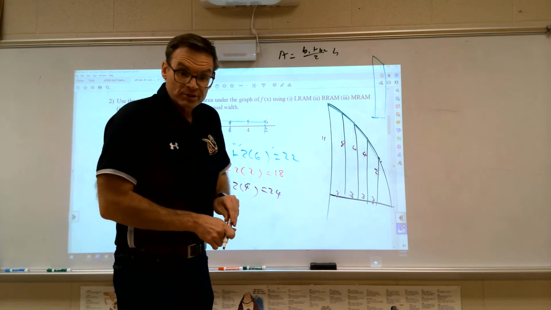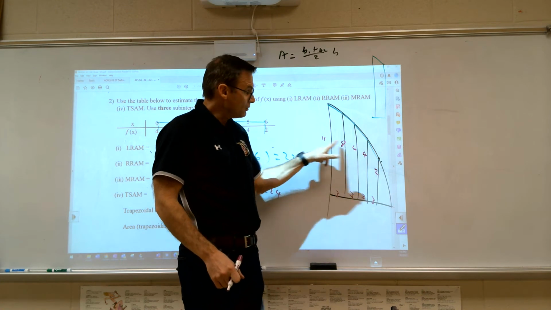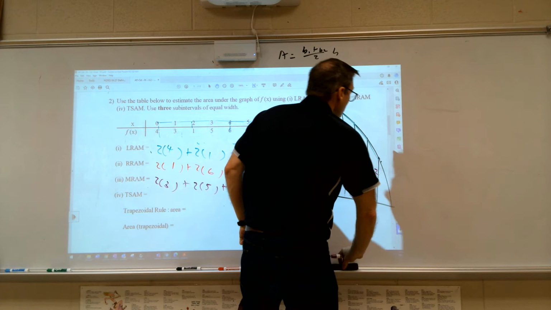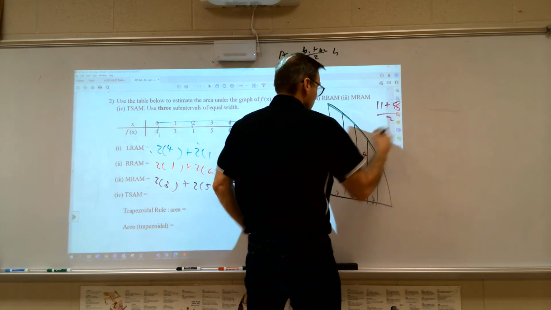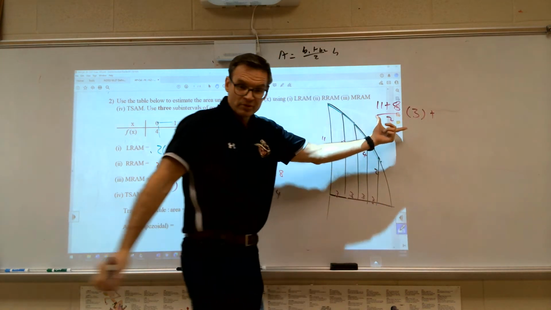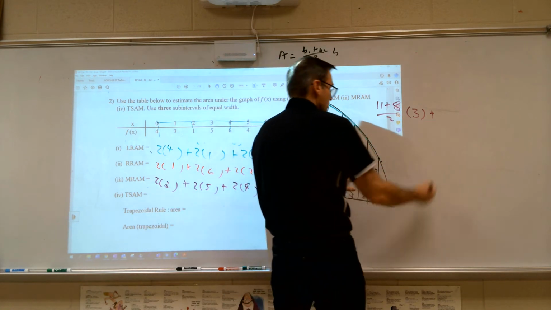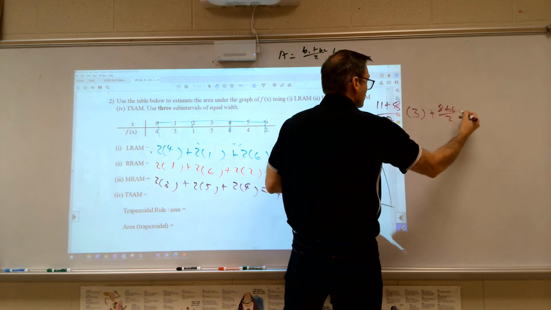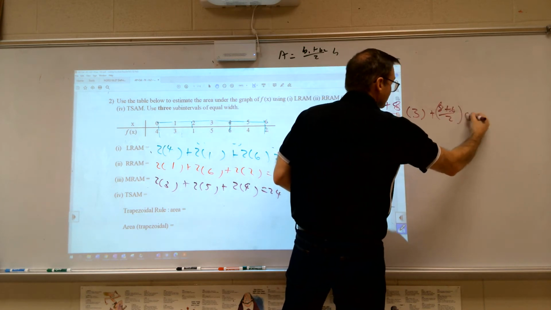And here's how it works. This is your trapezoid, these are your bases, so it's the average of the bases. So this is going to be 11 plus 8 over 2, and your height is from here to here, so that's times 3. So that's one trapezoid. Next trapezoid: the average of the bases is 8 plus 6 over 2 times my height, which is 3.